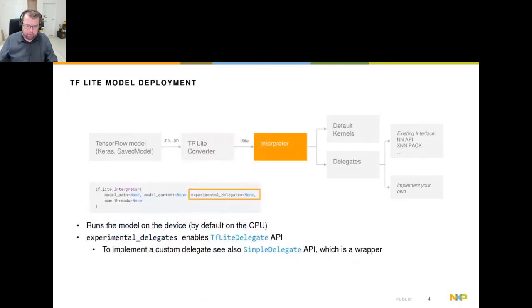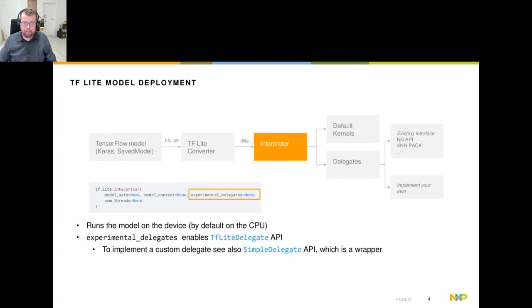So now, after we serialized our model into the TensorFlow flat buffers format, we may run it using the interpreter. One of the notable parameters which is passed when initializing the interpreter is the experimental delegates parameter. You may feed that one with the TensorFlow Lite Delegate API or class.